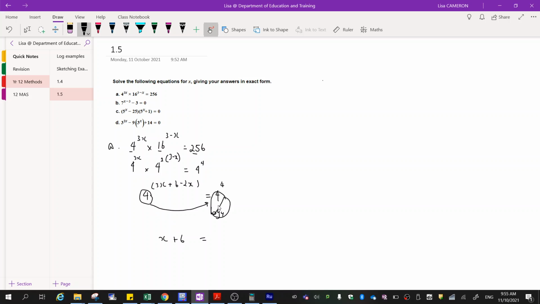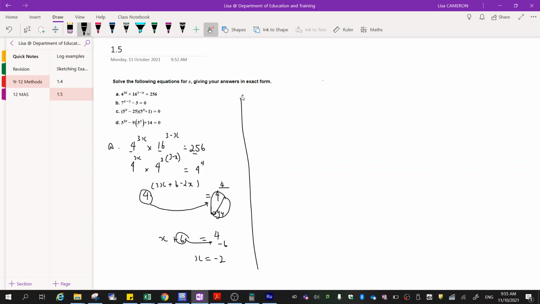This 4 has been moved across by changing it to log base 4 because it was the base of an exponential over here. It becomes the base of a log over here. So that log base 4 cancels out the 4 exponential, and I'm left with just this power above it. Okay, so I'm left with x plus 6 equals 4, meaning I can take this to the other side. It was add 6, so now it's subtract 6, meaning that I'm left with x equals negative 2.